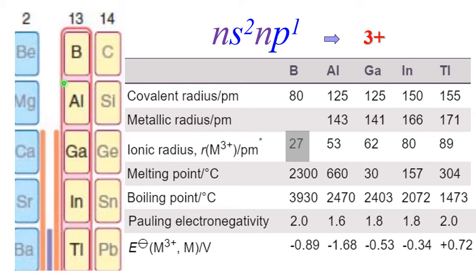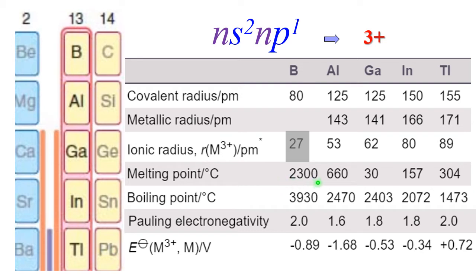All of them form 3+ ions, well, with the exception of boron, where the M3+ ion never exists in solution. So any numbers related to the ionic radius of boron do not make much sense. Boron stays aside as the smallest.